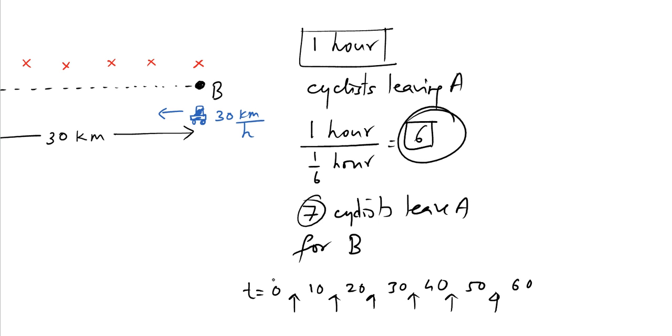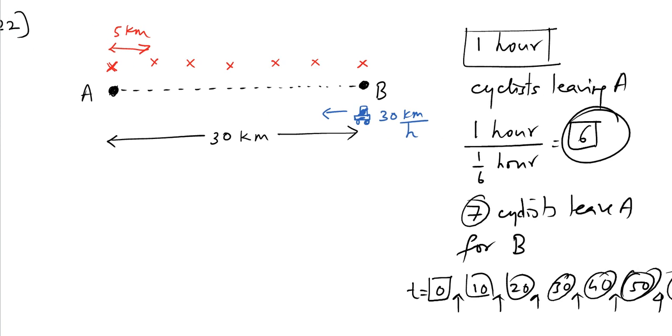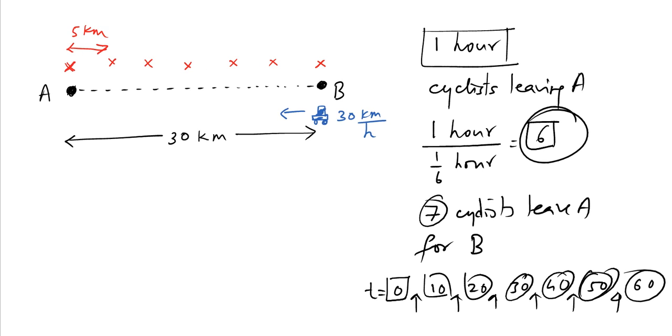But if you count the end points of these intervals, so you have one cyclist leaving at t equal to 0, 1, 2, 3, 4, 5, 6, 7. So I add 1. So 7 cyclists leave A for B, and probably what most people would do is to say that we have to ignore the first cyclist and maybe ignore the last cyclist.